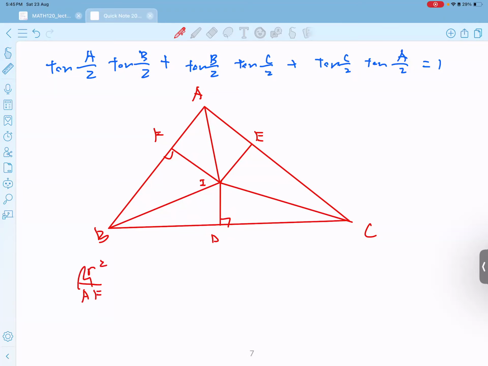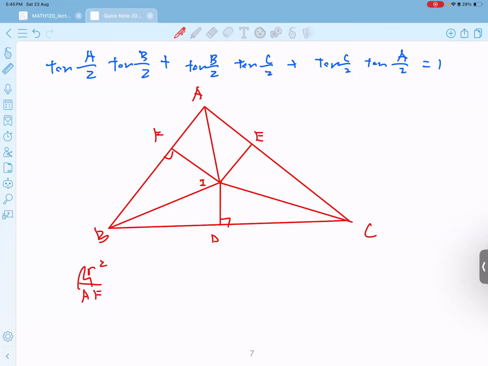FA equals AE, and FB equals BD, that would be A plus C minus B over 2. And EC equals DC, which equals B plus A minus C over 2.